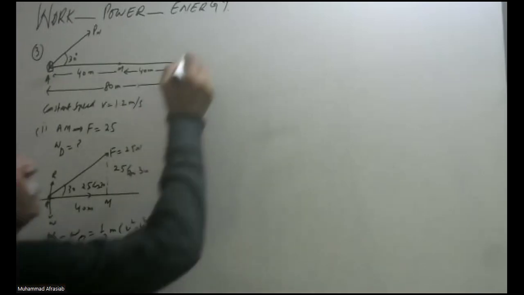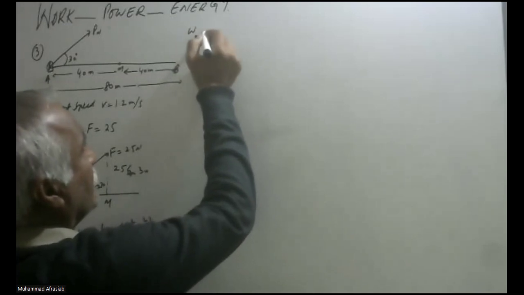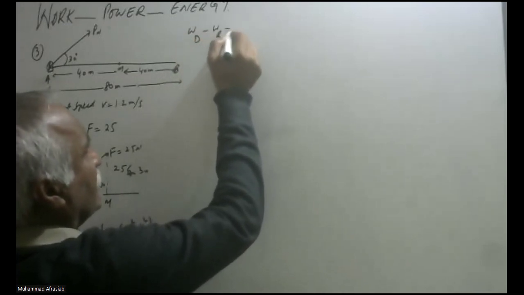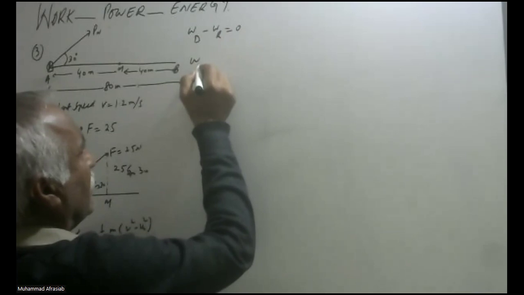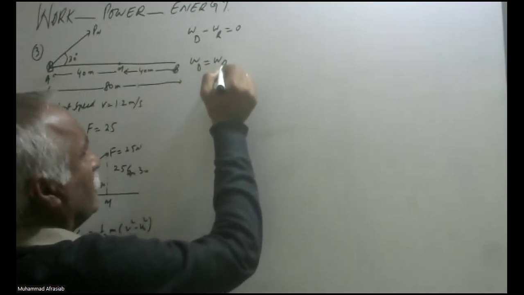Since velocity is constant, V is equal to U, so the change in kinetic energy is equal to 0. So work done by the driving force minus work done by the resistive force is equal to 0, or work done by the driving force is equal to work done by the resistive force.